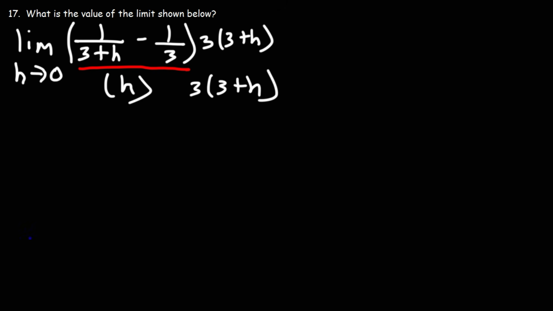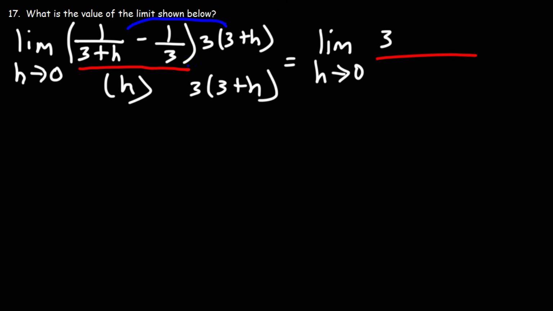Now, when we multiply 1 over 3 plus h with 3 and 3 plus h, the 3 plus h factors will cancel, leaving behind 3. And so we'll have the limit as h approaches 0, and we just have 3.